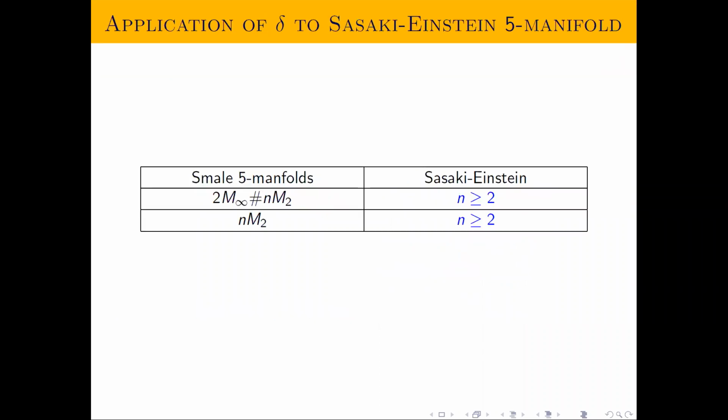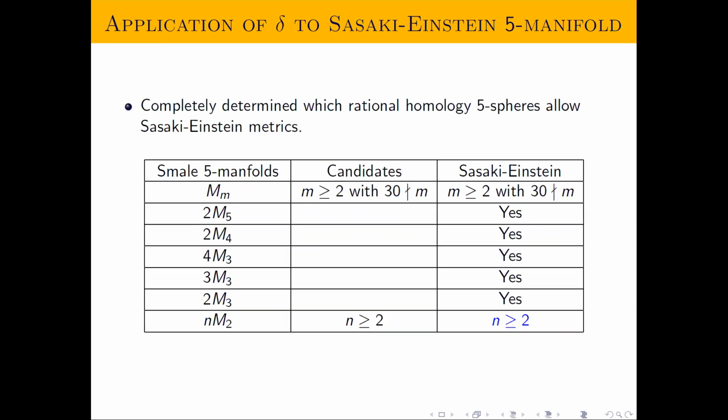So we add two series of Sasaki-Einstein 5-manifolds to the list. We have this and we have this. This completely determines which rational homology 5-spheres allow Sasaki-Einstein metrics or not.